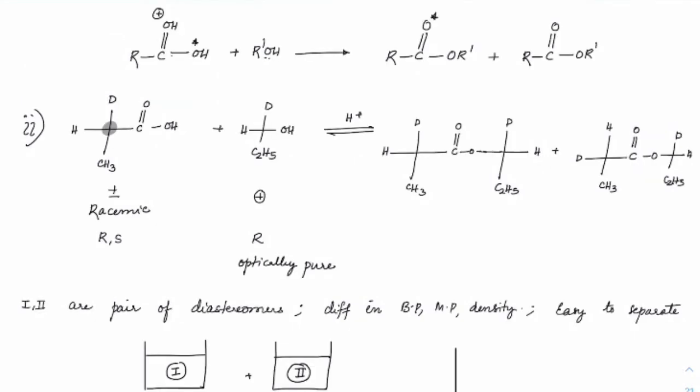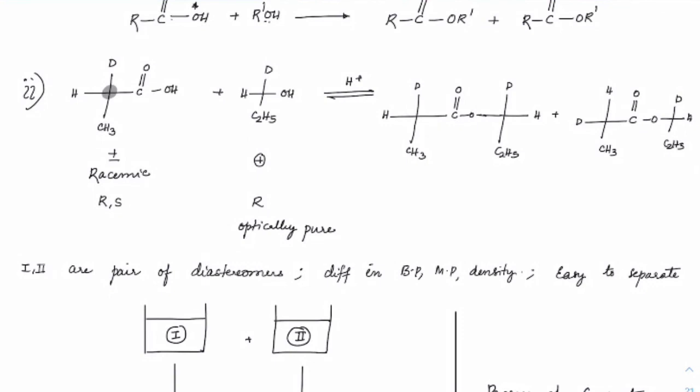We have come across resolution also, the method by which we separate the racemic mixture. Suppose you have a racemic mixture of the acid form with a chiral center here, reacted with an optically pure alcohol.